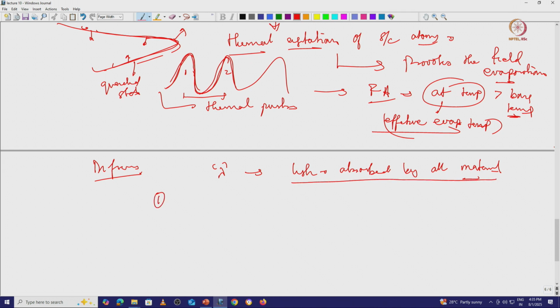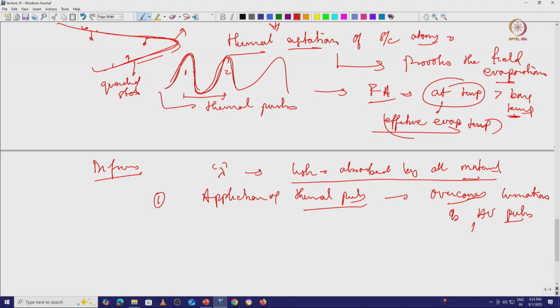So the first point is that the application of thermal pulse can overcome the limitation posed by the HV pulsing, which requires a conductive specimen. Okay, so that limitation of HV pulse can be overcome by the application of thermal pulse.